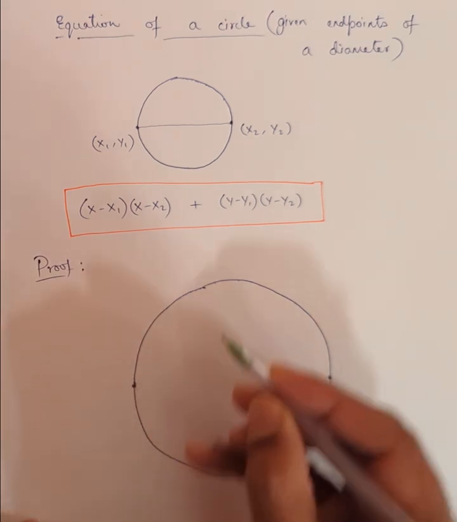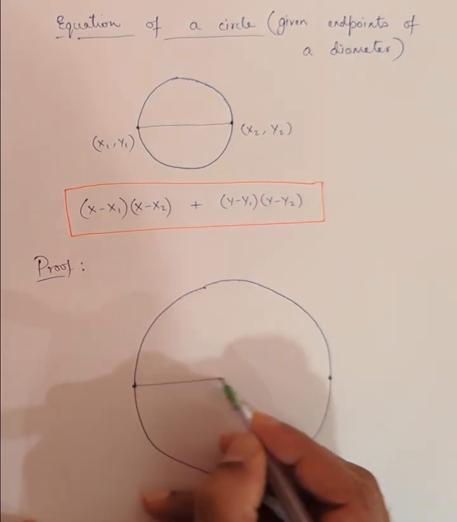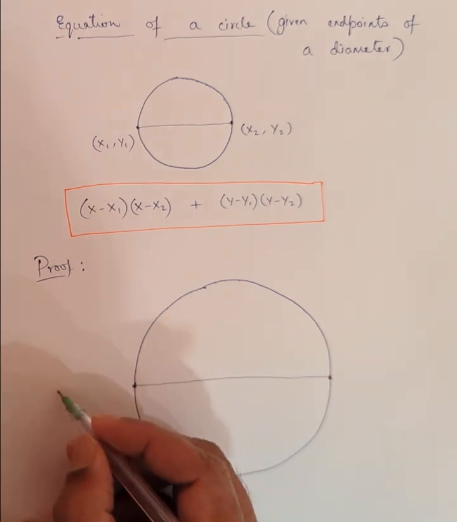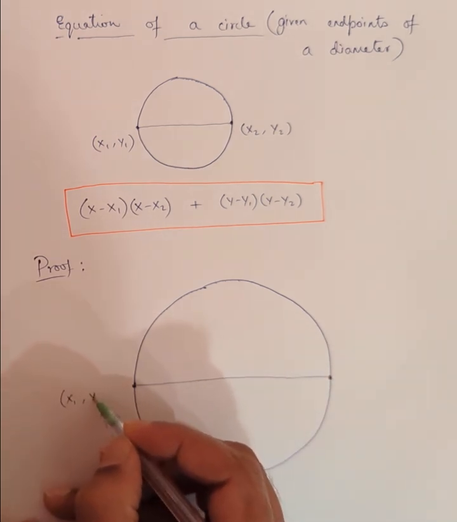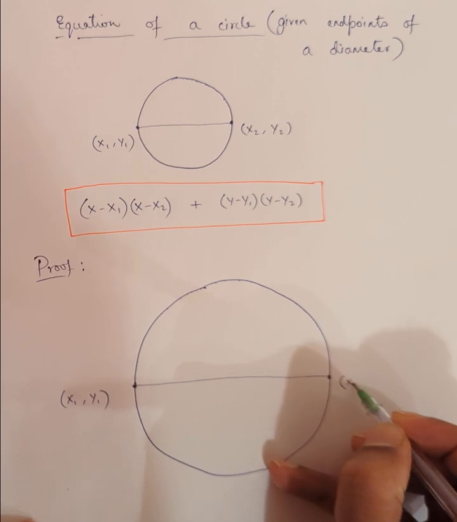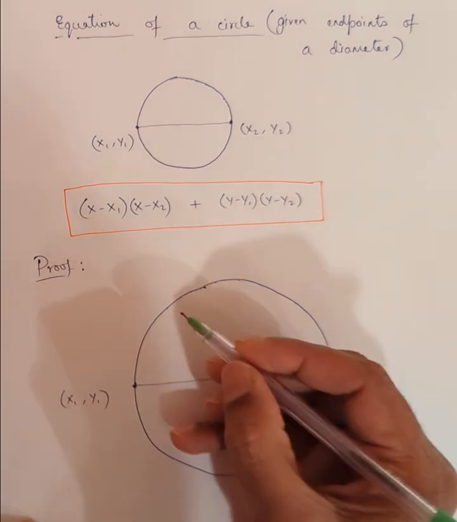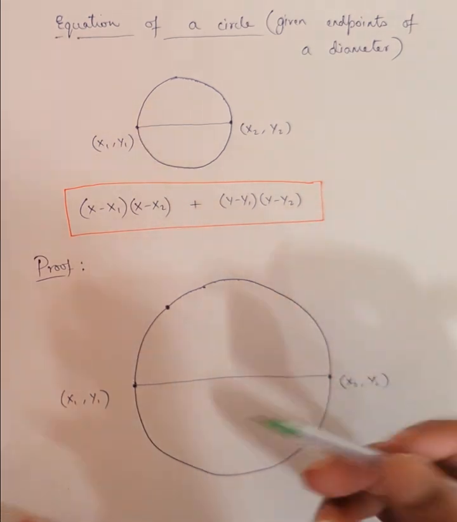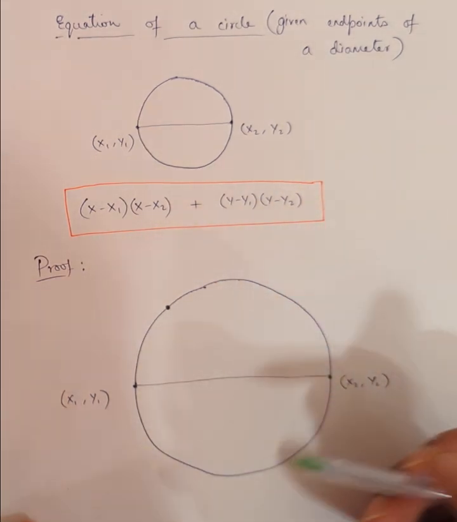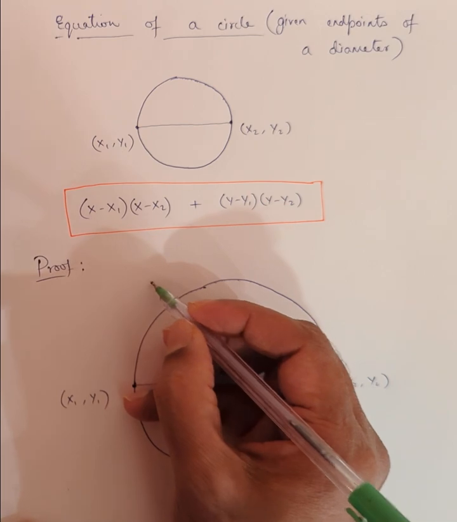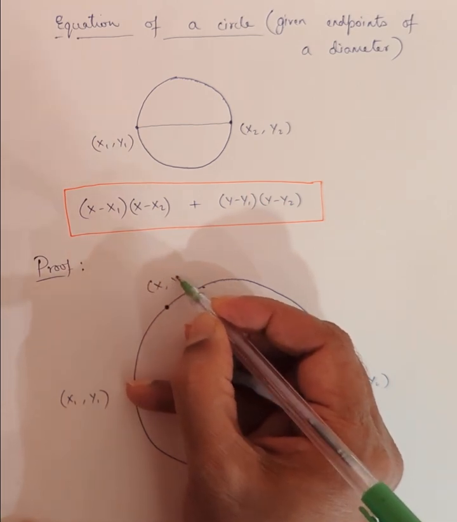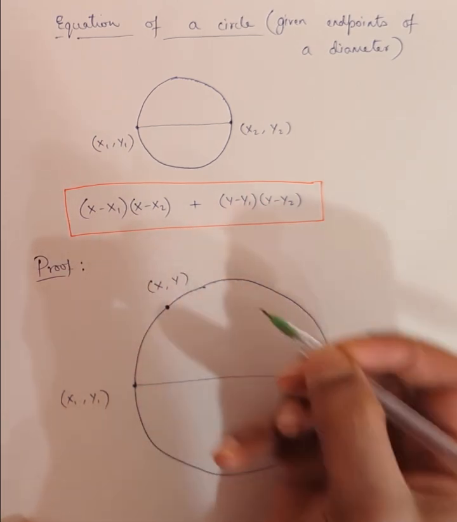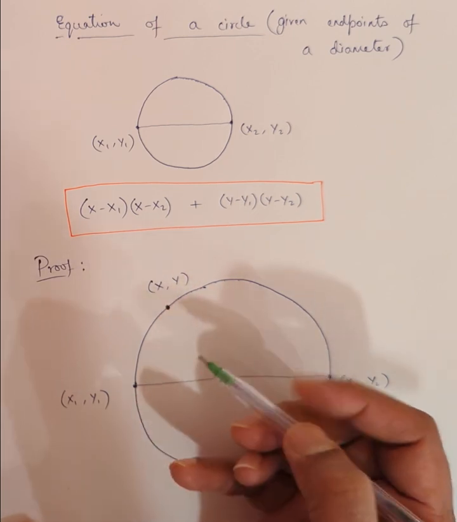So let's go ahead and say that this is x1, y1 and x2, y2. And if I pick any point either in this upper semicircle or lower semicircle and call this x comma y, now I have to figure out a relationship between x and y.